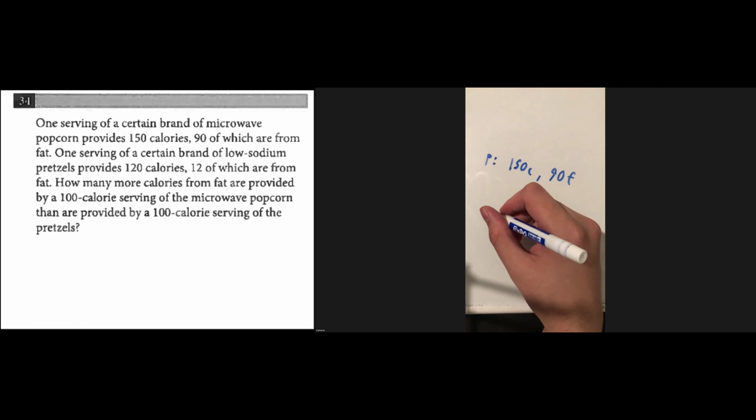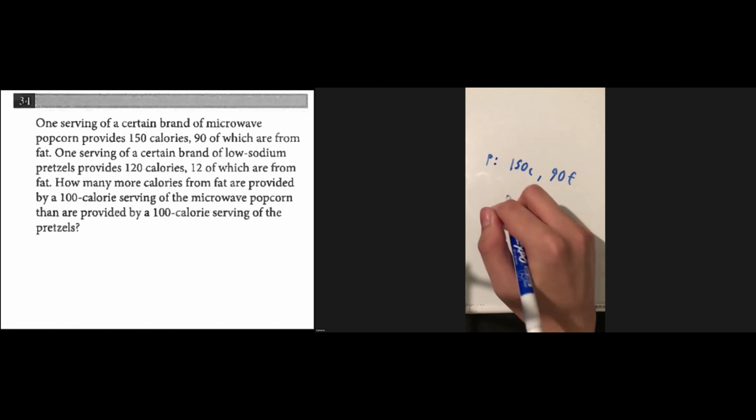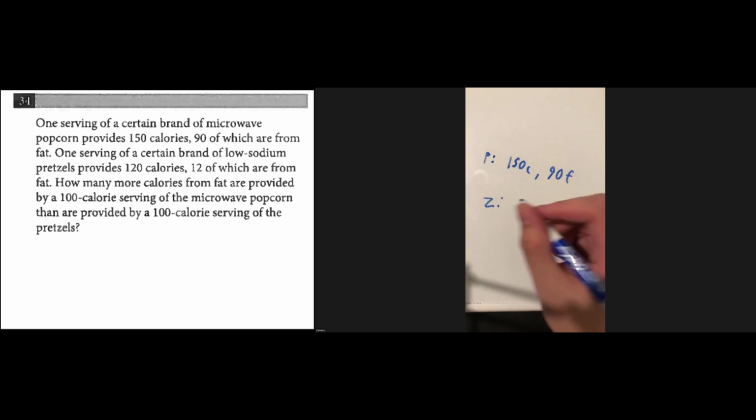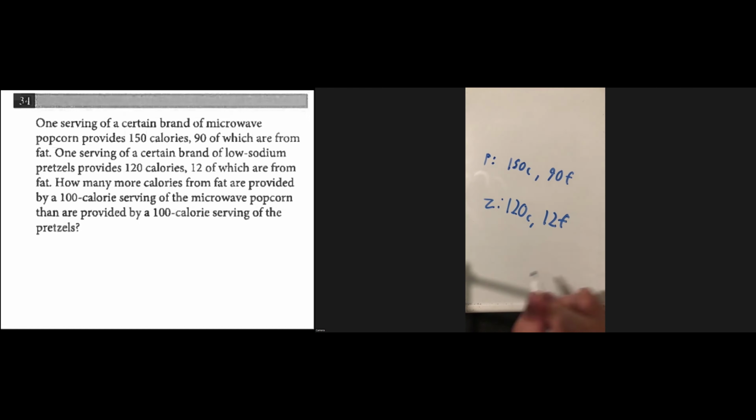And we're told for pretzels, it has 120 calories and 12 are from fat. And we're asked how many more calories from fat are provided by a 100-calorie serving of popcorn than of pretzels. So basically, what is the difference if you have 100 calories of either one.